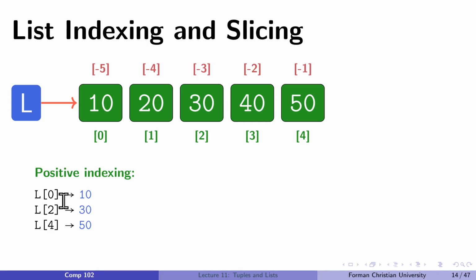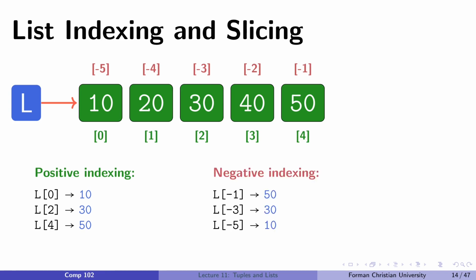So index number 0 is going to give you the first item that's at position 0, and L of 4 is going to give you the item at index number 4. And similarly, the negative indices work the same way. L of -1 is going to give you the last item at the end of the list, and so on.